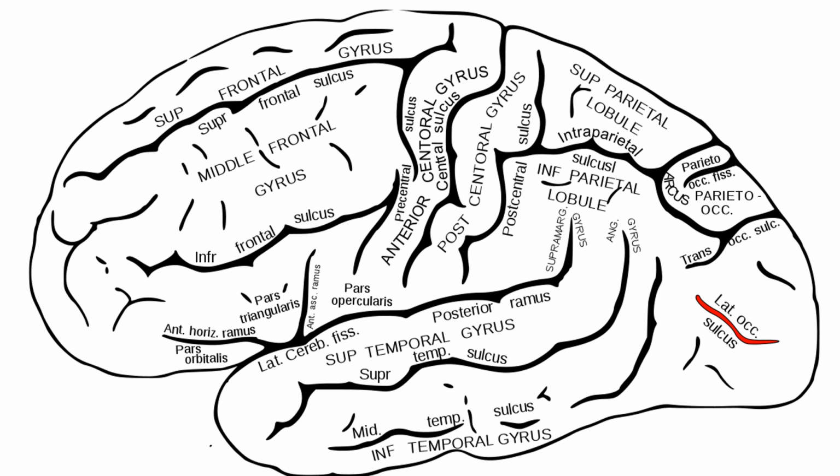And now coming to the occipital lobe, it possesses three rather short sulci: the lateral, transverse occipital and lunate sulci. In the occipital lobe, try to identify the lateral, transverse occipital and the lunate sulci.